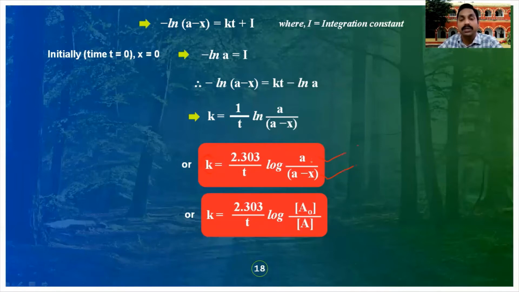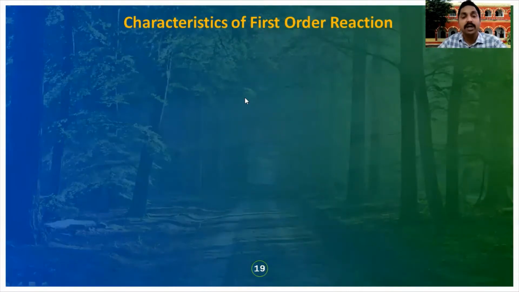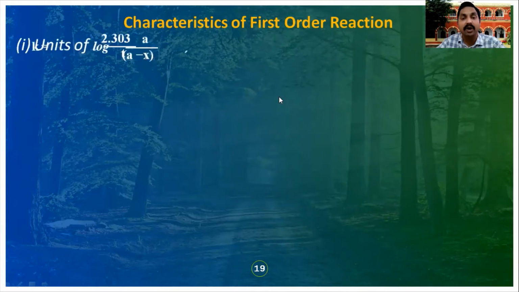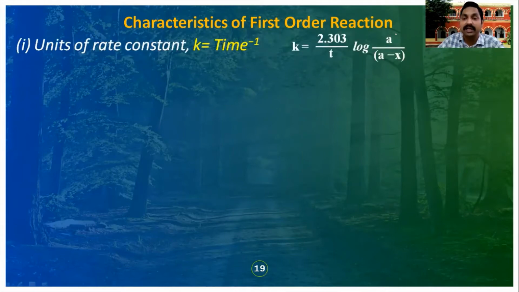If it is moles, moles will be cancelled. So the units left will be 1 divided by time, which means time inverse. The units of the first order rate constant will be time inverse. How? Concentration and concentration both will be cancelled and we will have only 1 by time.